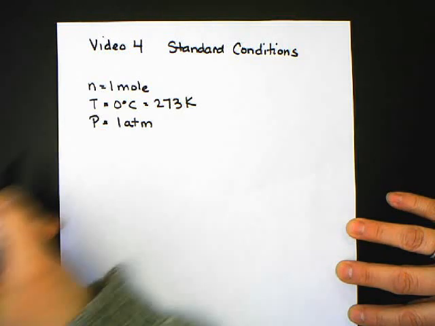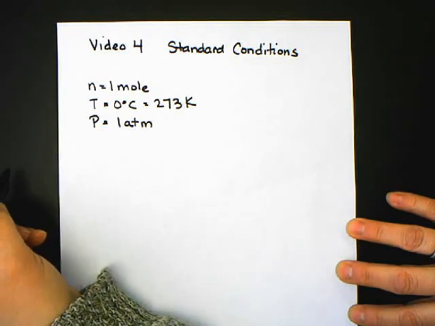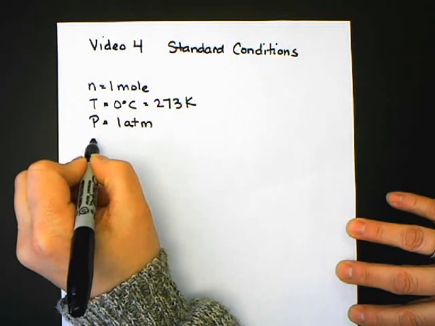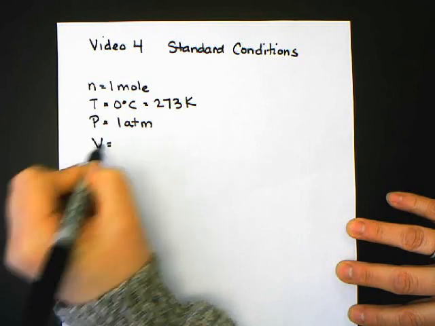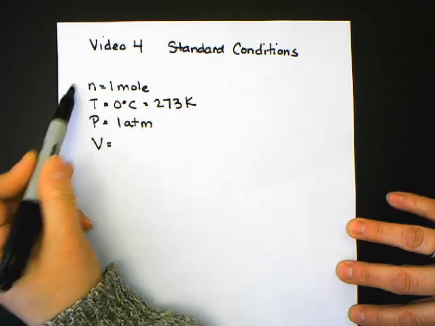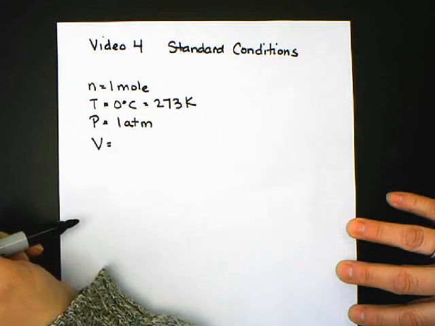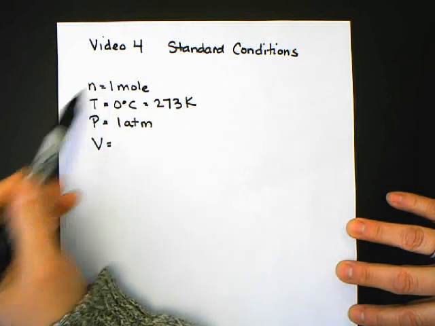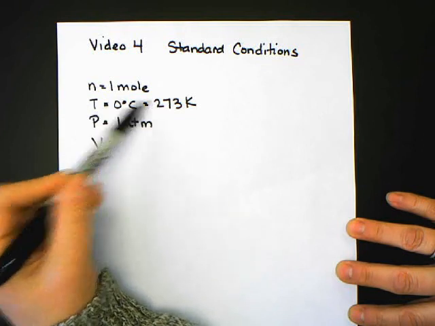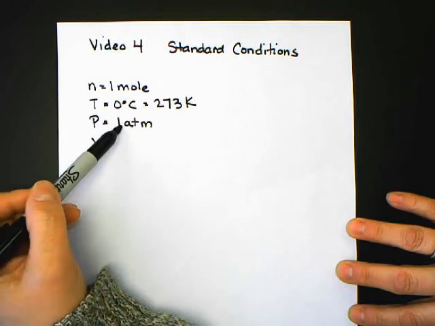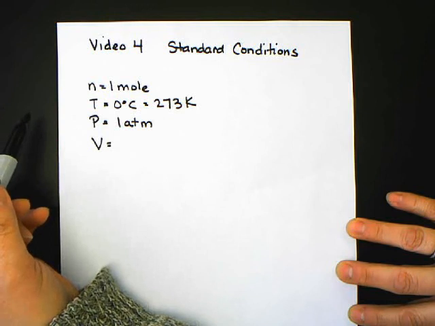The volume is where things get crazy. What scientists did in order to get standard volume is they set the first three conditions and then measured what volume they got. So if I have 1 mole of gas at 273 Kelvin and 1 atmosphere of pressure, the volume that gas is going to occupy is 22.4 liters.